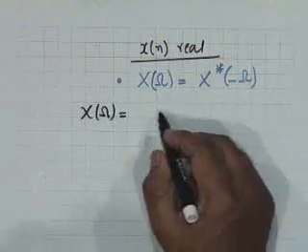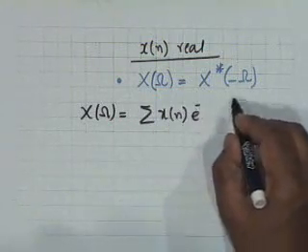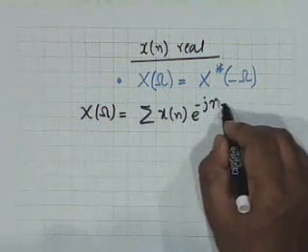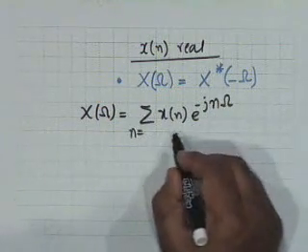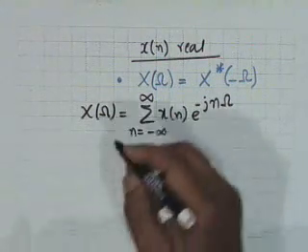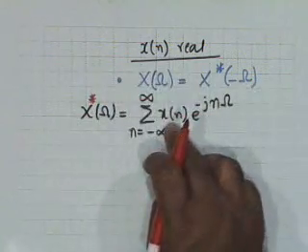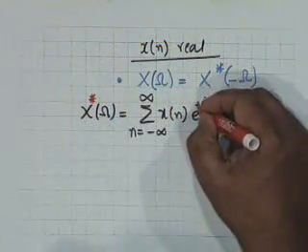And the proof is extremely simple. You notice that capital X of omega is equal to summation by definition x of n e to the minus j n omega, n equals minus infinity to plus infinity. If I take x star, x of n is real, so the only thing that changes is this sign becomes positive.